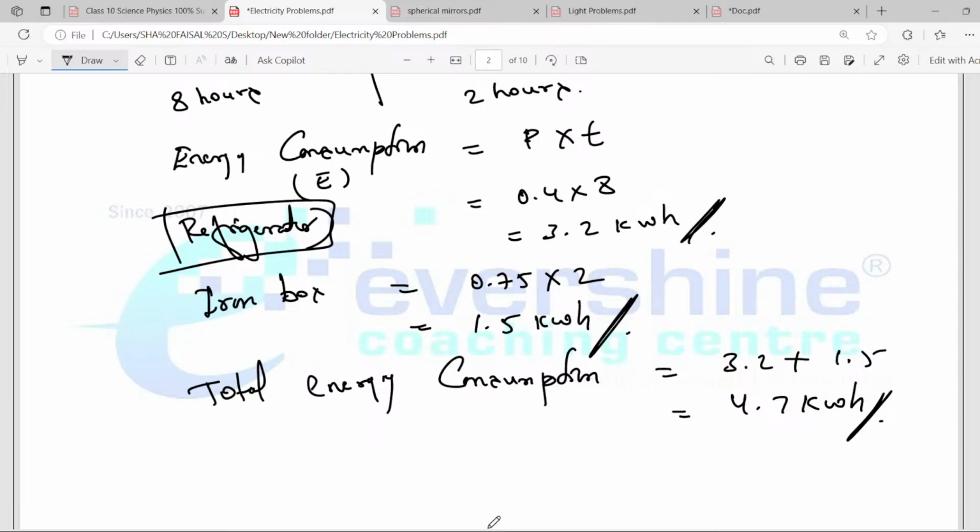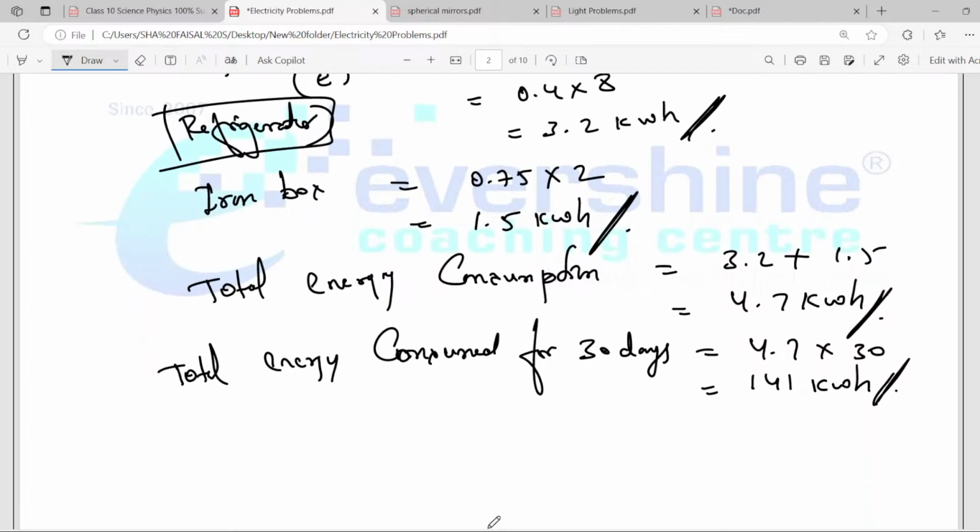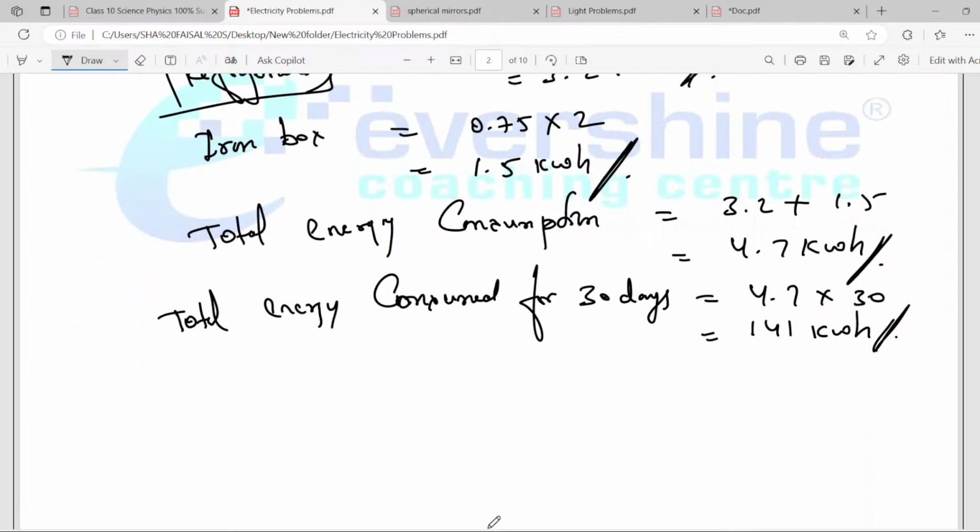Now total energy consumed for 30 days. Just now we have calculated for one day. For 30 days, 4.7 into 30 is 141 kilowatt hour.